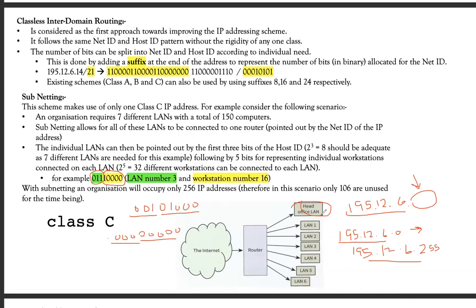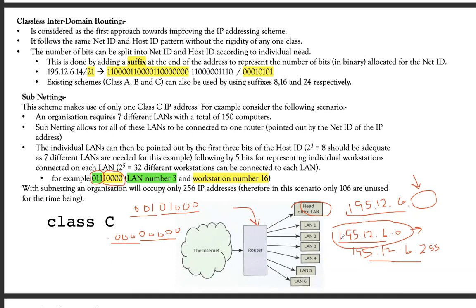Now, how does this work? Say, for example, some device outside the network wants to send data to this IP address. Based on this IP address, my data transmission will reach this network.